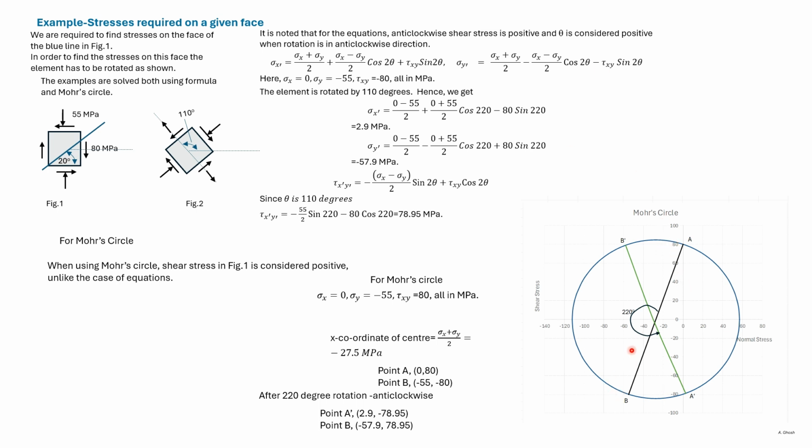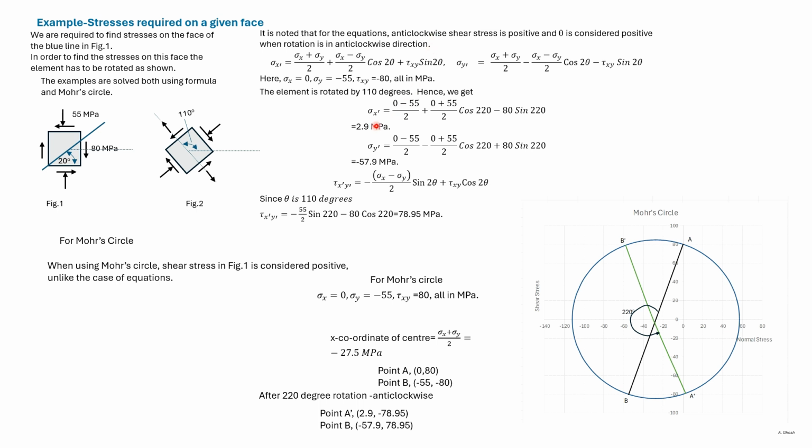So here we have minus 55 and minus 80. Now AB is rotated by 220 degrees in the anti-clockwise direction, and we reach A dash, B dash. A dash is 2.9 and minus 78.95, and B dash is minus 57.9 and plus 78.95.